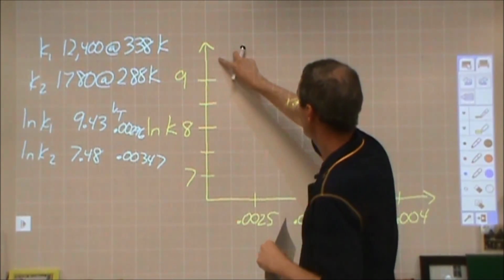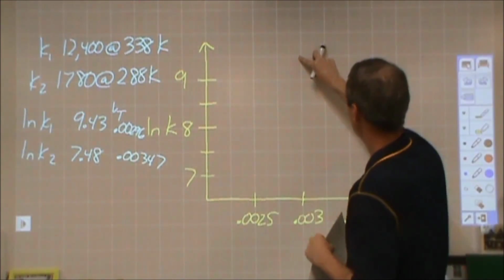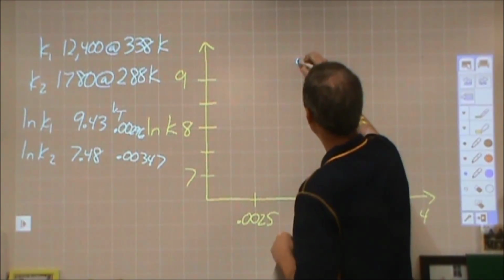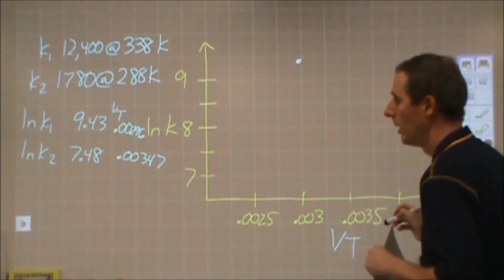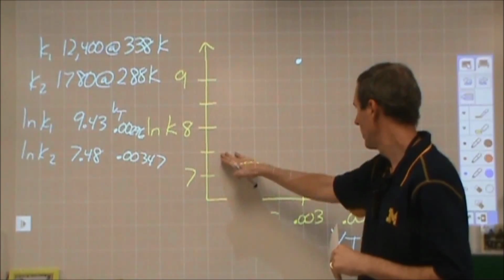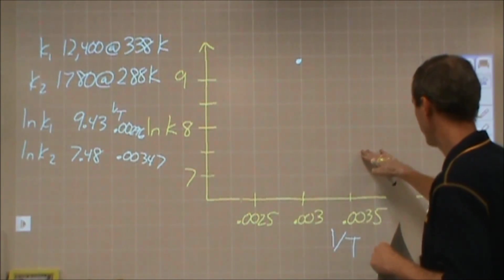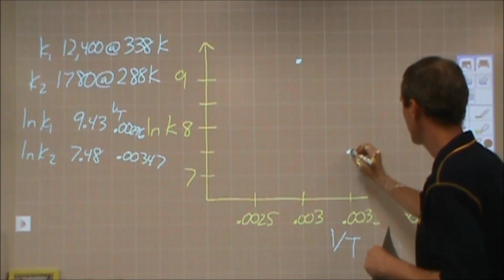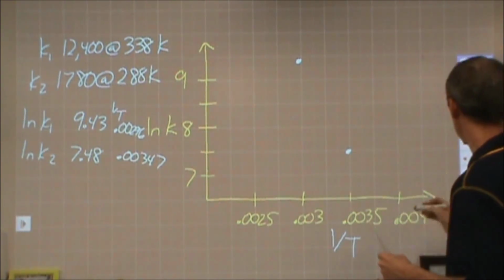We go to 0.00296, which is just before here, so we're looking at a dot maybe right there. The second one, 7.48, is just under here, all the way over to 0.00347, right to the side of this, so right on that point, maybe a little below.